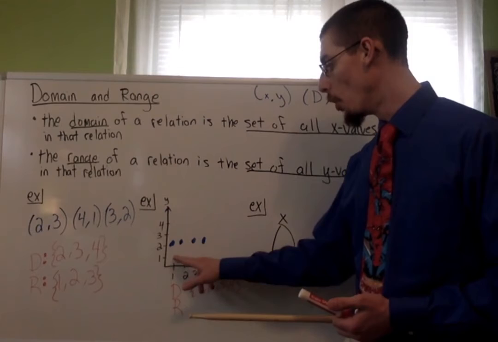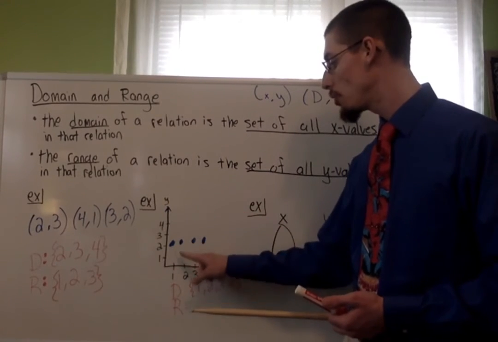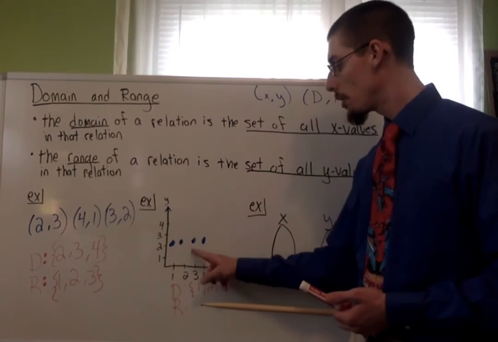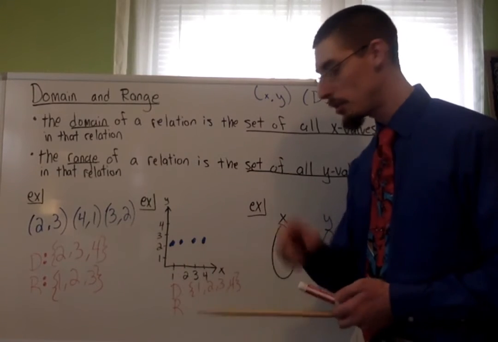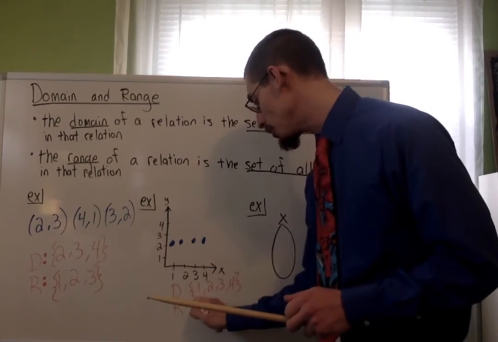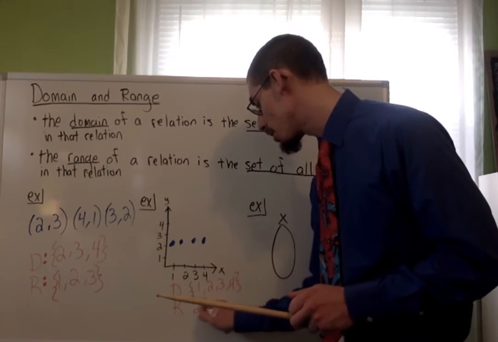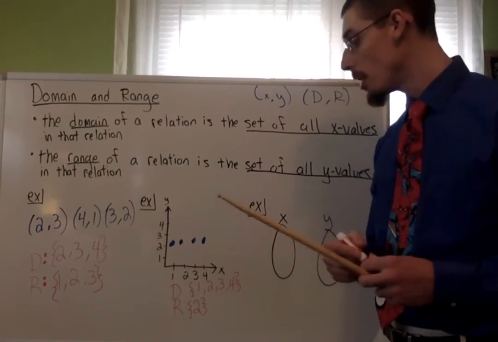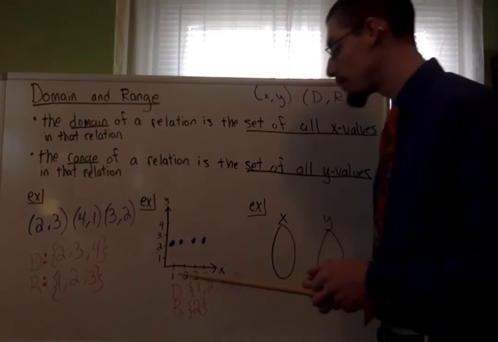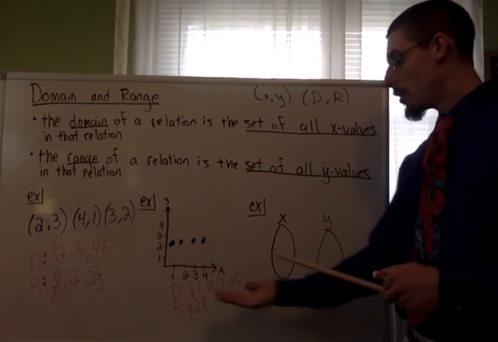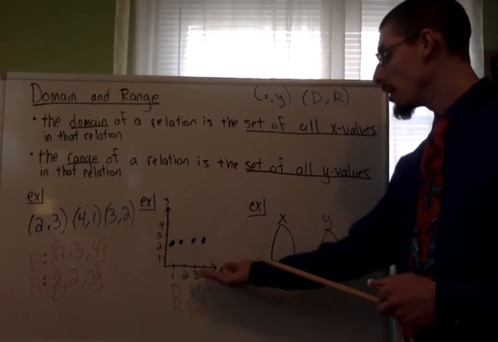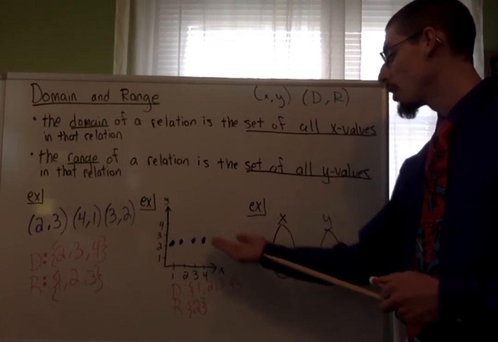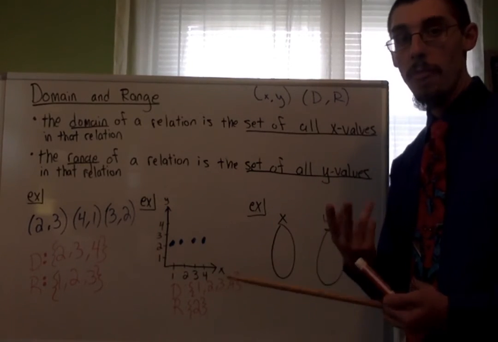My range, and this is possible, is literally just a number, 2. My range is one number, and that's okay. So you list your domain, 1, 2, 3, 4. You list your range, 2. That's it.